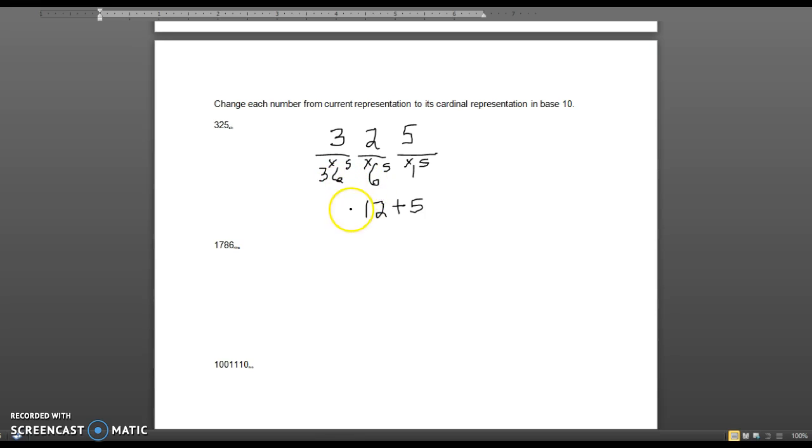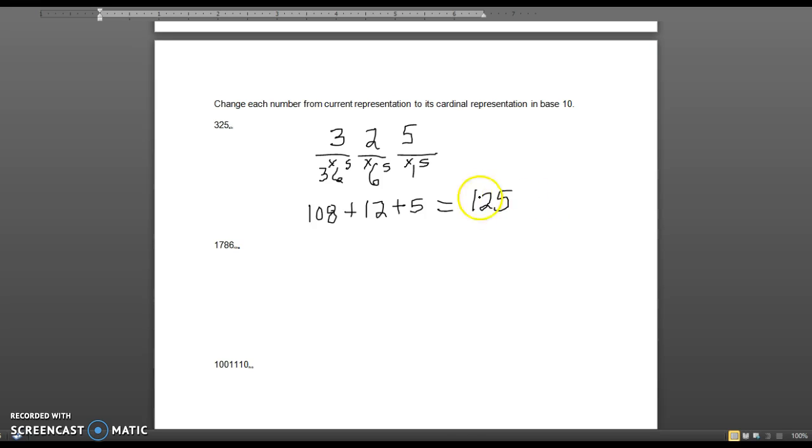And 3 36s is 108. So when I total these up, I get 125.